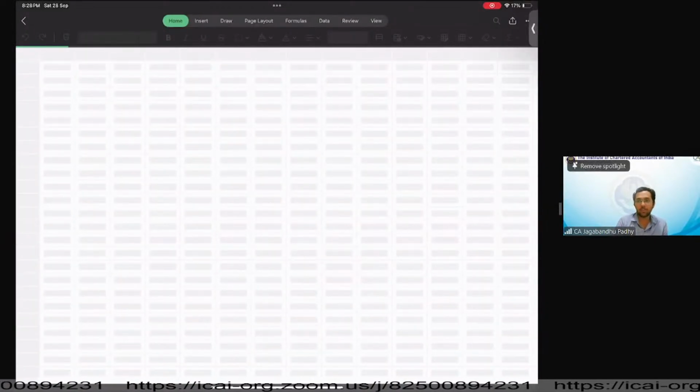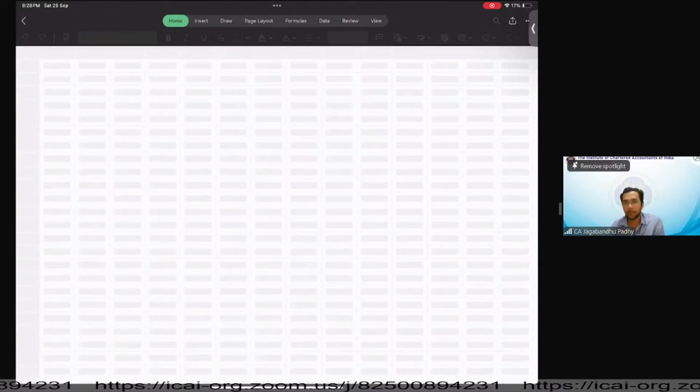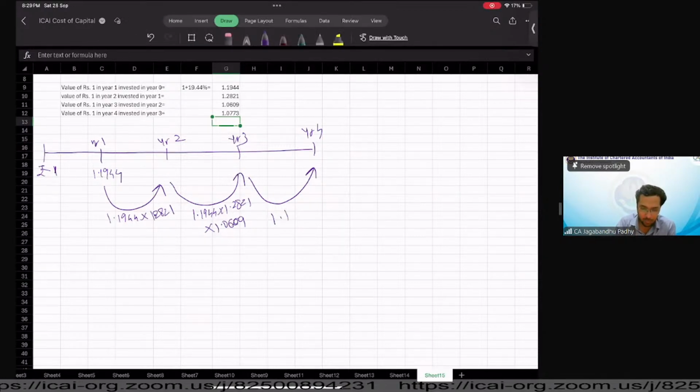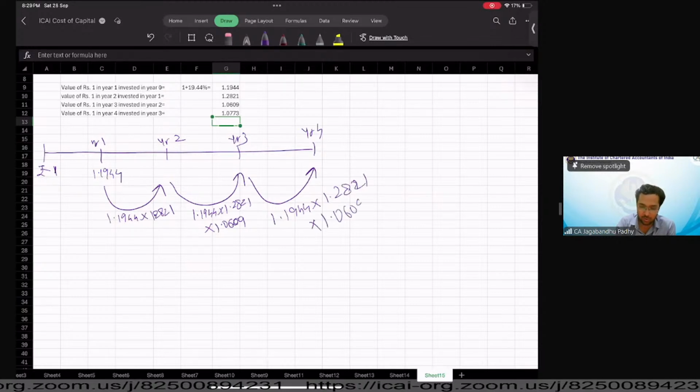In the last year, what will be the value? It will be 1.1944 multiplied by 1.2821 into 1.0609 into 1.0773.